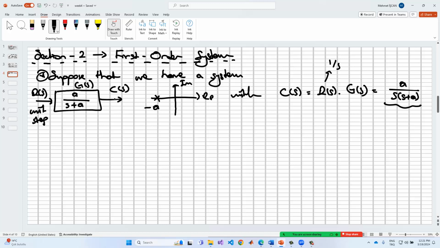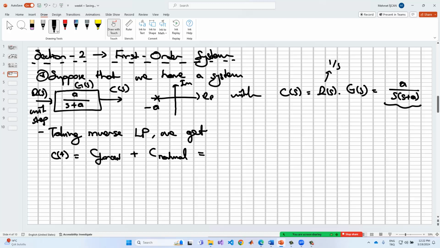And so if we take the inverse Laplace transform, we get to c(t), right? And so in c(t) we have the c forced value plus the c natural value, right?